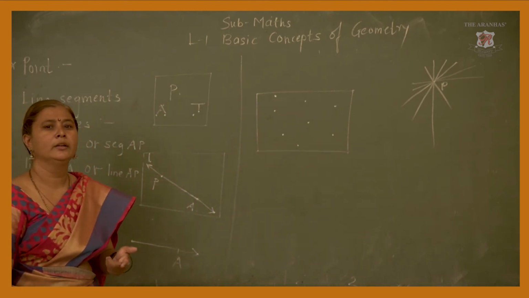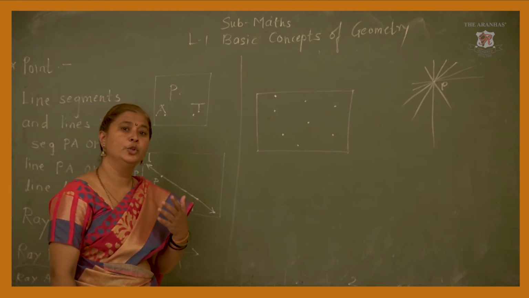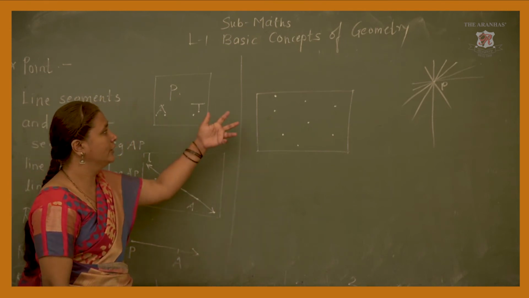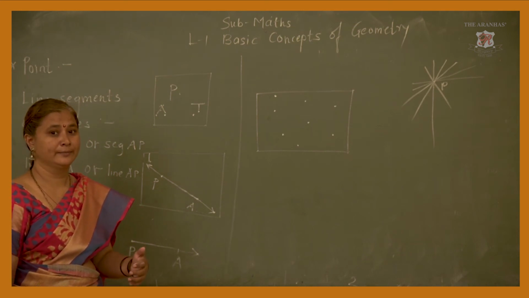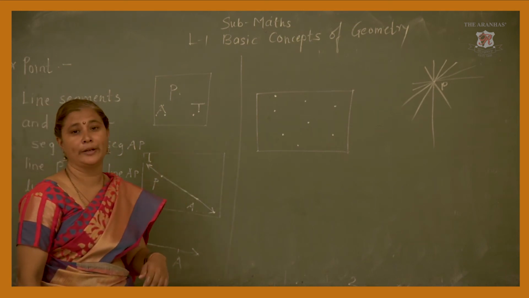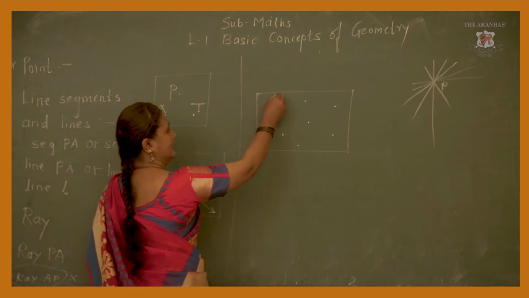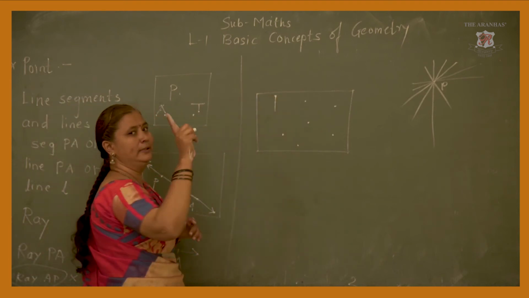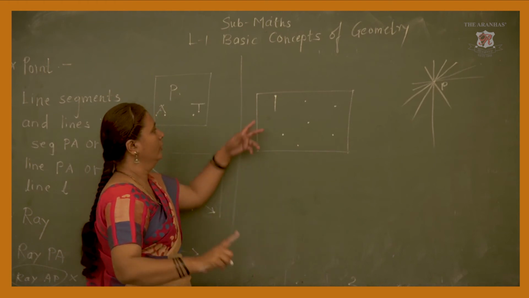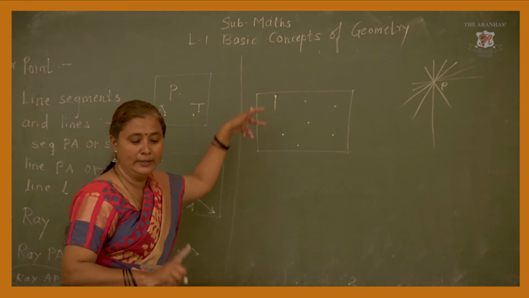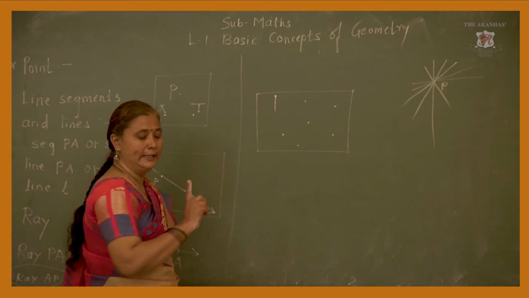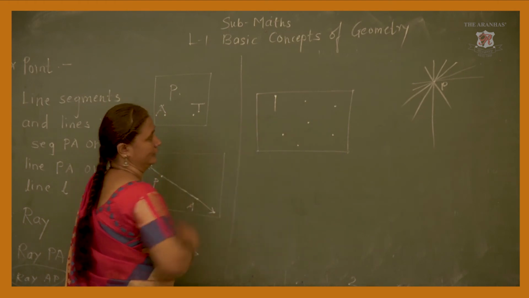Now tell me, how many lines can you draw using 2 points? Guess and join the 2 points. Yes, only one line we can draw using 2 points. It means one and only one line can be drawn through any 2 distinct points.